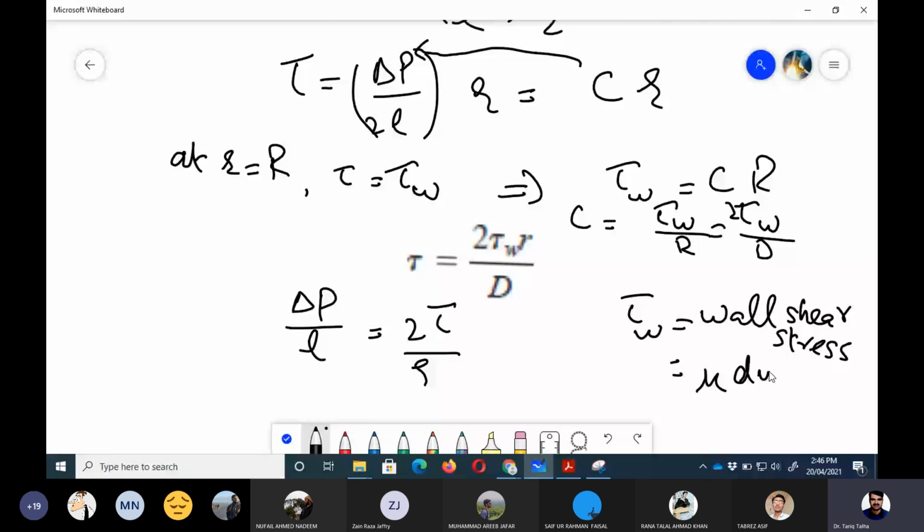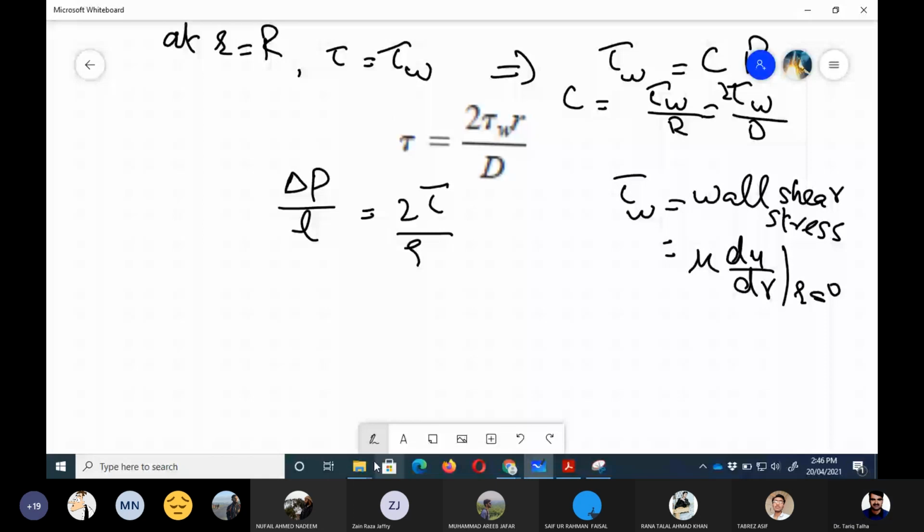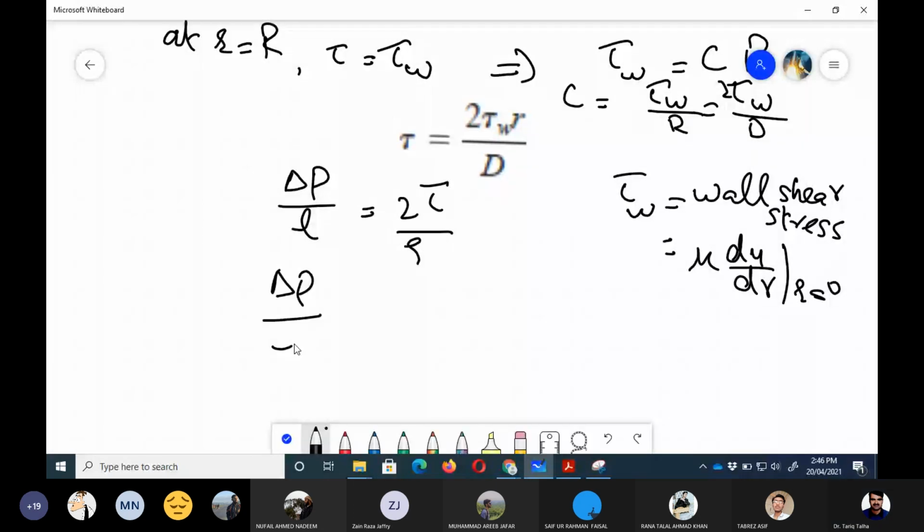So now if we put this value here, we can write delta P upon L equal to 2 into 2 tau omega r upon d upon r.